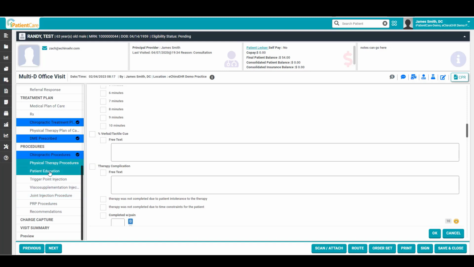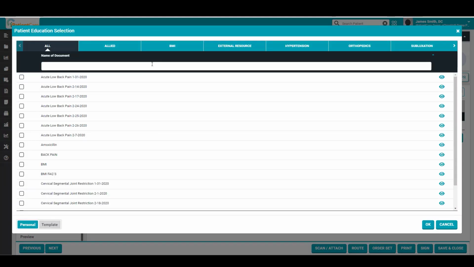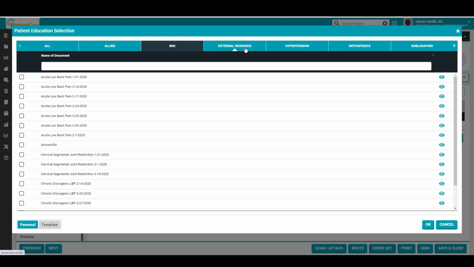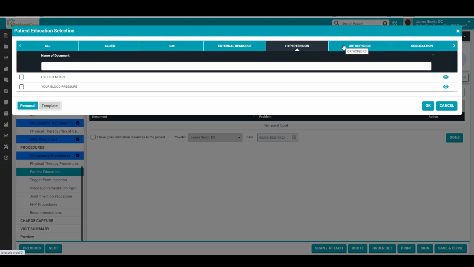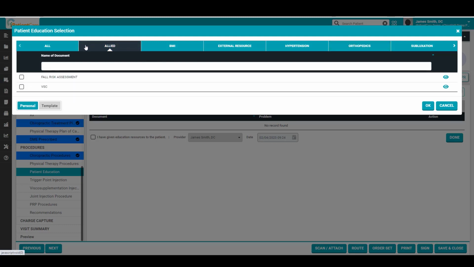We also have a patient education section that can be utilized by all provider types, and we will select the search button, which opens up categories of the types of patient education materials available that are already within the iPatient Care library. And in addition to that, new categories can be created specific for the practice, and the patient brochures, exercise instructions, and the like that are provided to the patient would be available for selection.